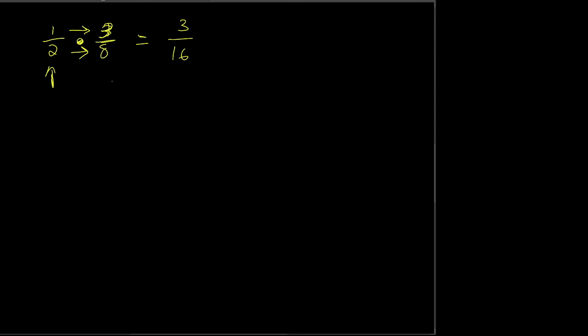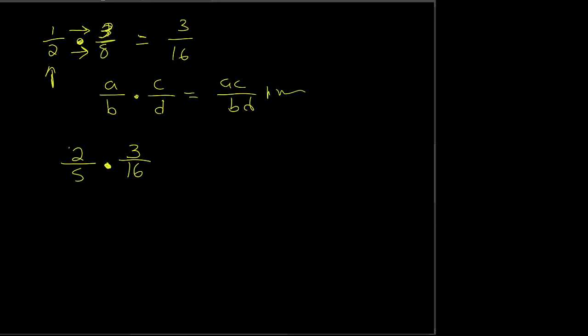And so when multiplying a fraction, any fraction, you multiply the tops and you multiply the bottoms. Now sometimes they can simplify. So let's see, if I have 2/5 times 3/16.